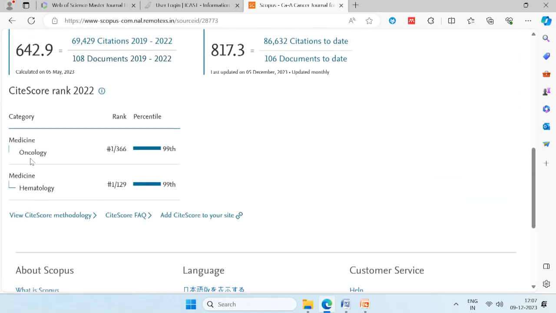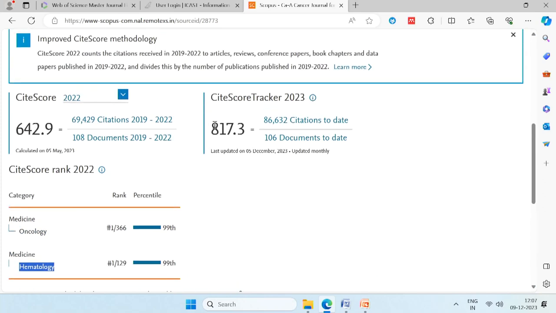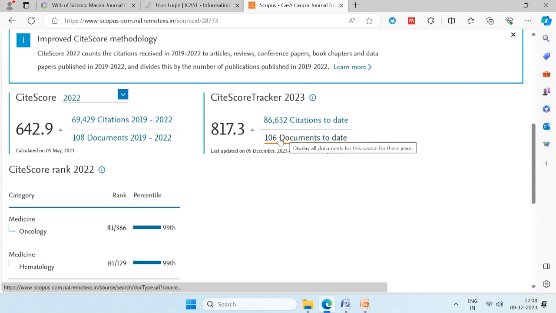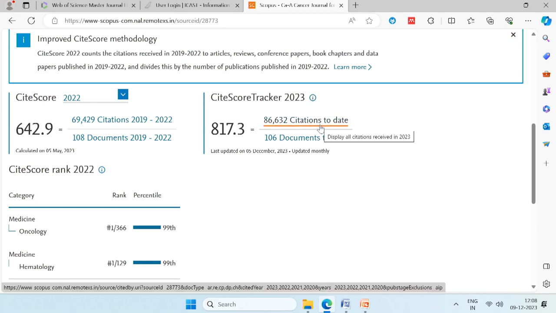These are the areas it takes articles on, oncology, hematology. Both are in the 99th percentile, that means it is a Q1 journal. Cite score is somewhere 817.3, and the total number of documents published is this many, and these many documents have given this many citations in the 3-year window of cite score.